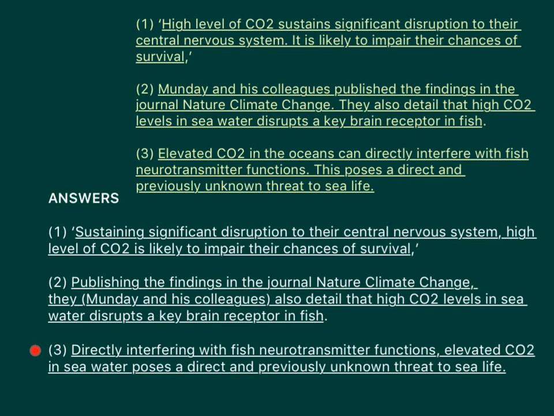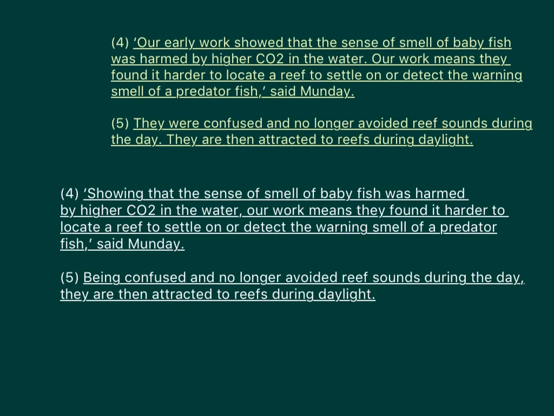Number 3. Directly interfering with fish neurotransmitter functions, elevated CO2 in seawater poses a direct and previously unknown threat to sea life. Number 4.